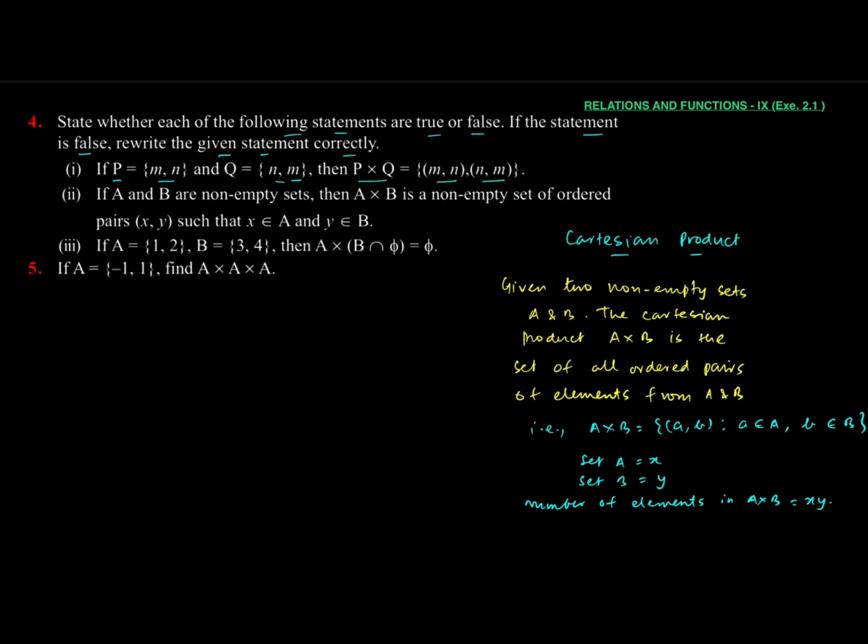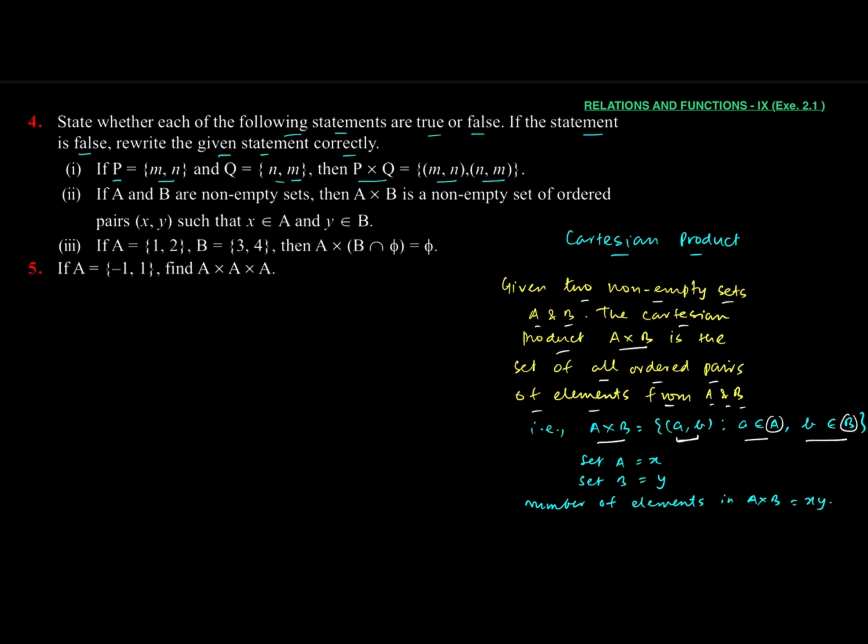So the definition goes like this. Given two non-empty sets A and B, the Cartesian product A cross B is the set of all ordered pairs of elements from A and B. That is, A cross B is equal to the set of (a, b) such that a belongs to set A and b belongs to set B. So here, as stated earlier, (a, b) represents an ordered pair such that the first element belongs to the first set and the second element belongs to the second set.